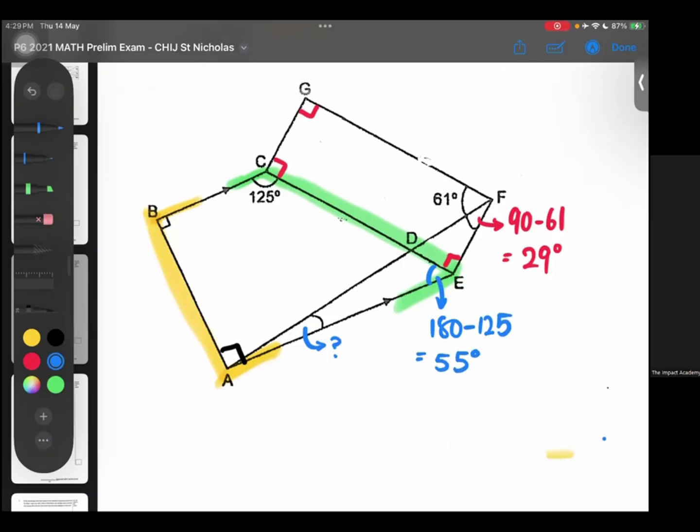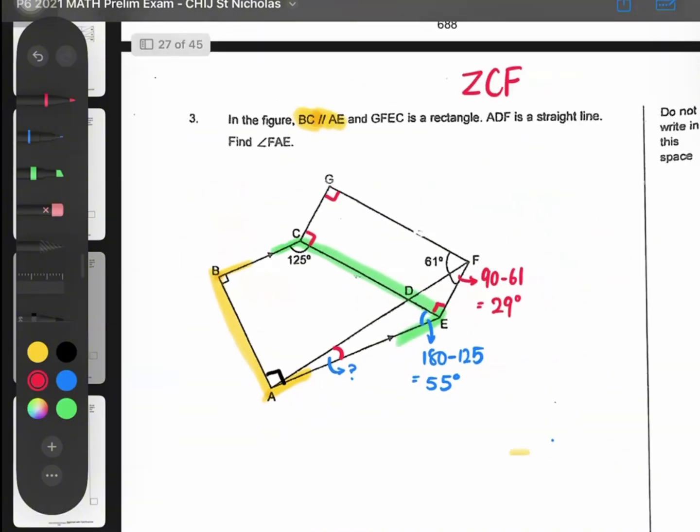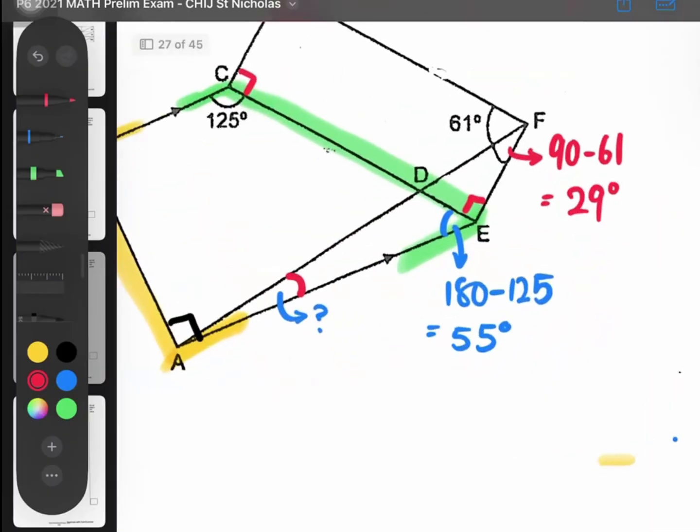If we know this, what else can we find? We can definitely find this one over here. Why is it that we can find this one? Because that angle over there is in a triangle. Agree or disagree? So when you want to find that angle, all you need to do is 180 degrees minus away 55 degrees minus away 90 degrees.